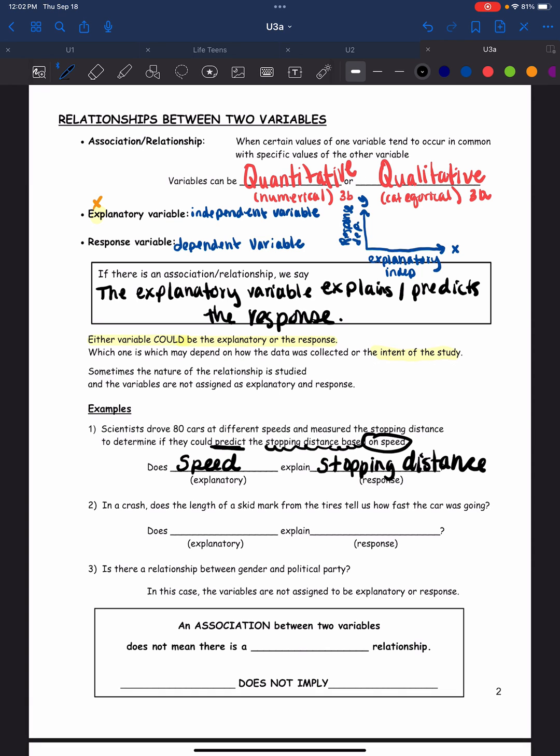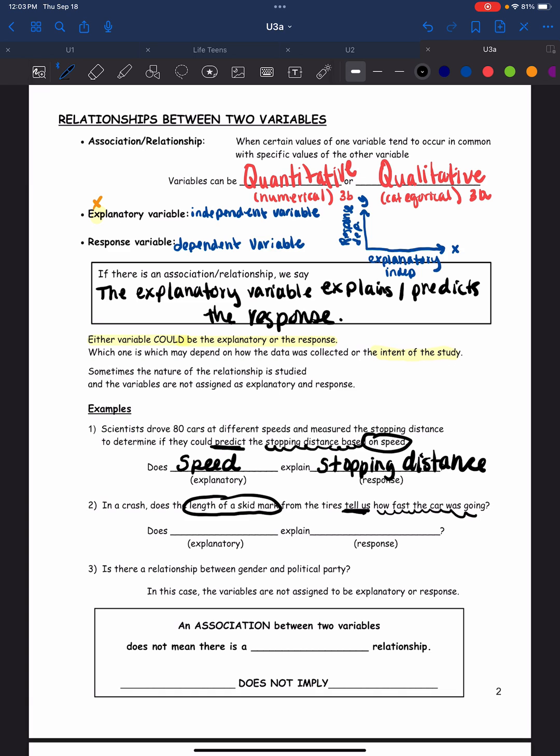How about this one? Number 2, it says, in a crash, does the length of a skid mark from the tires tell us how fast the car was going? So does the length of a skid mark explain or predict how fast the thing is going?